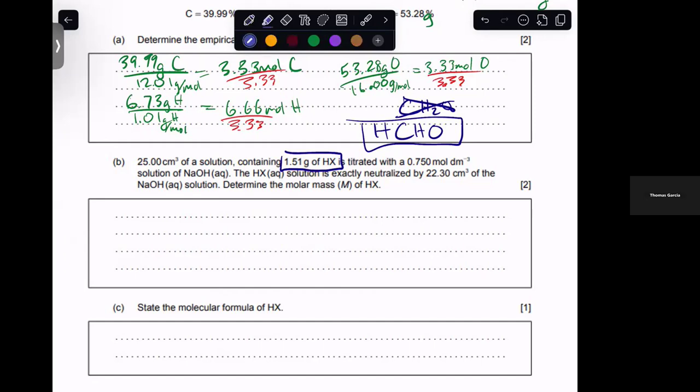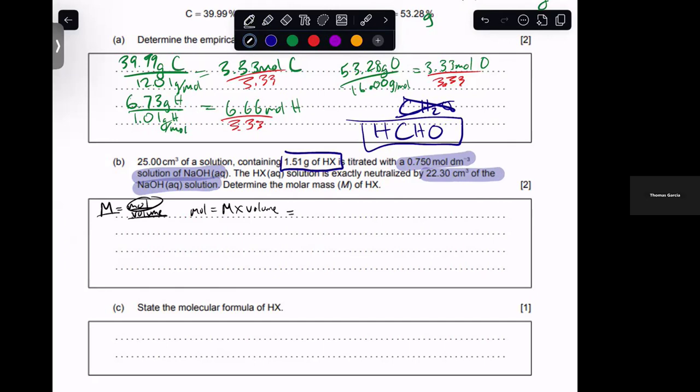So I'm going to use the information that's given and relevant. I see that I have 22.30 of NaOH, and I have a molarity for that. So I'm going to take my molarity equation, molarity equals mole over volume, and I'm going to try and get mole because I already have volume and molarity. So mole equals molarity times volume.